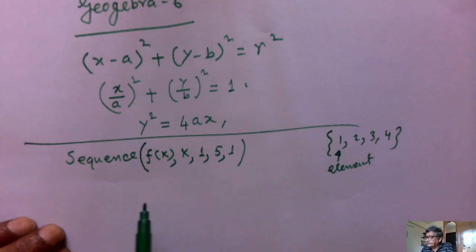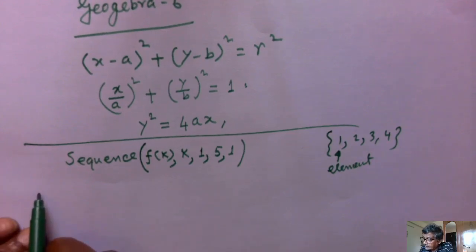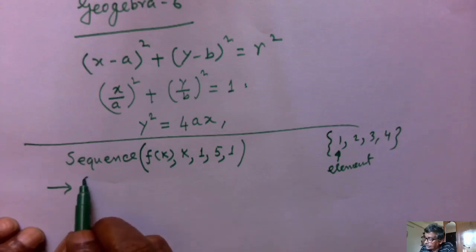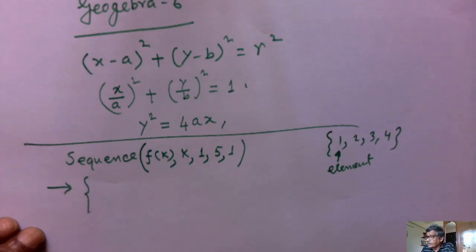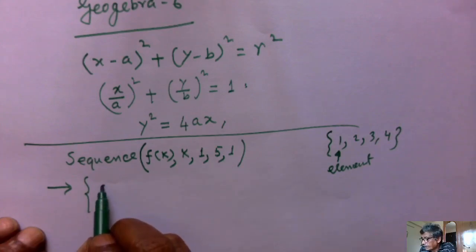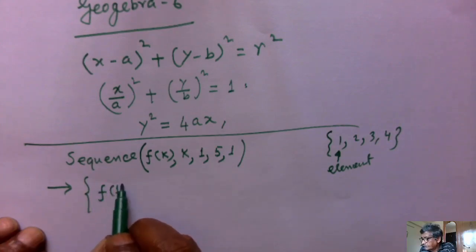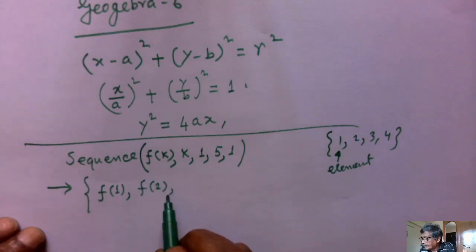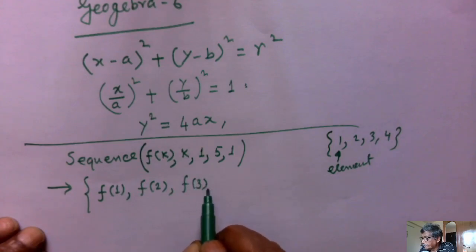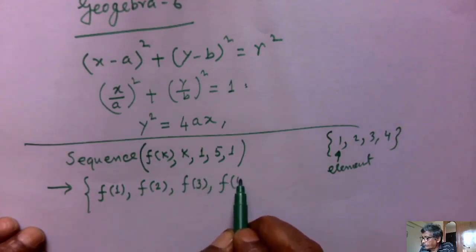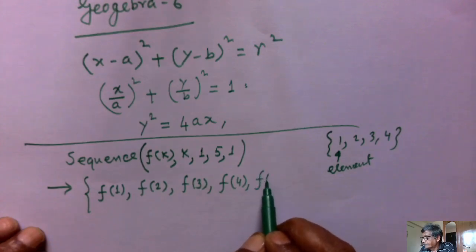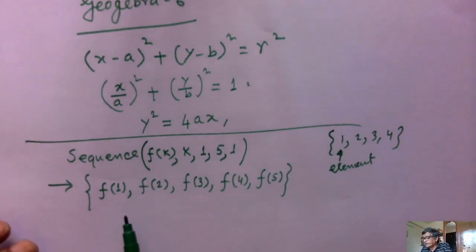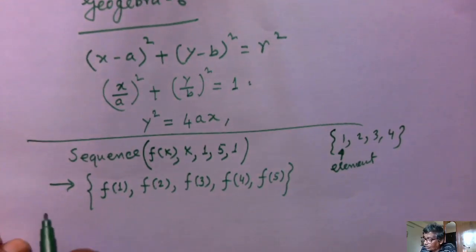If you write like this, it is going to create a sequence of 5 elements with values f1, comma, f2, comma, f3, comma, f4, comma, f5. Whatever will be the functional values of k, that will be created, and this is called a list.